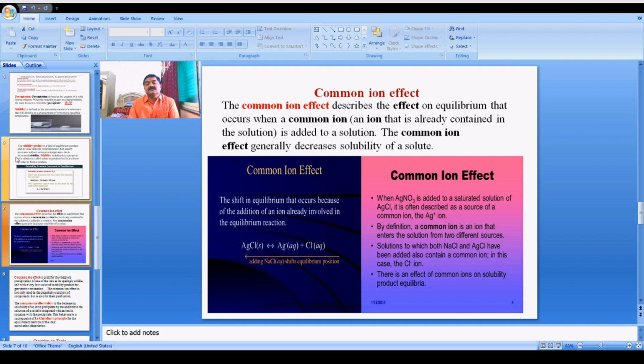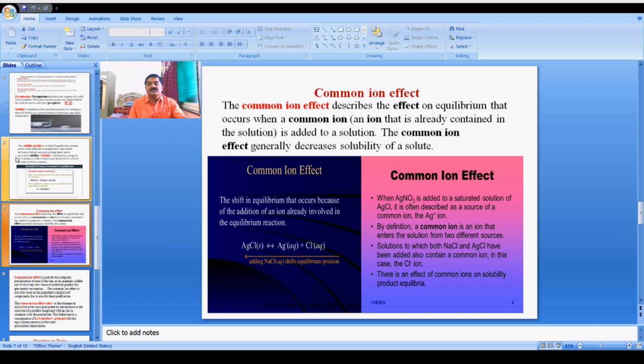Another example is when silver nitrate is added to a saturated solution of silver chloride. It is often described as a source of common ion Ag. That means silver nitrate, AgNO3, has Ag+, and silver chloride, AgCl, also has Ag+. By definition, a common ion is an ion that enters the solution from two different sources.